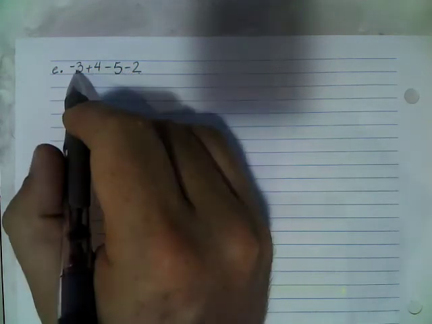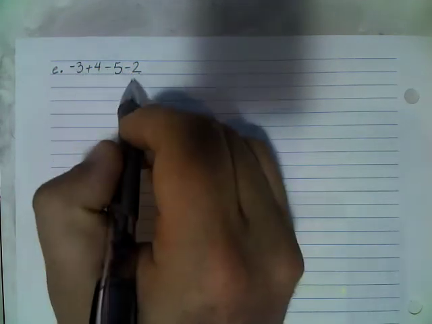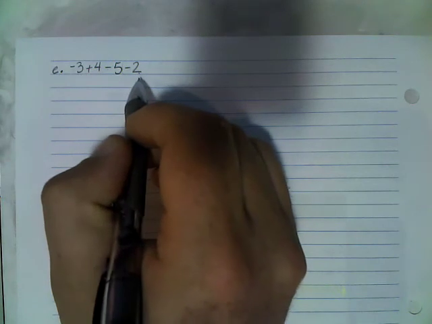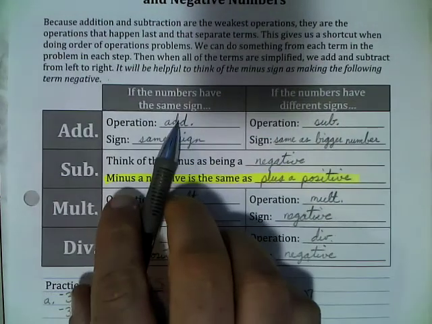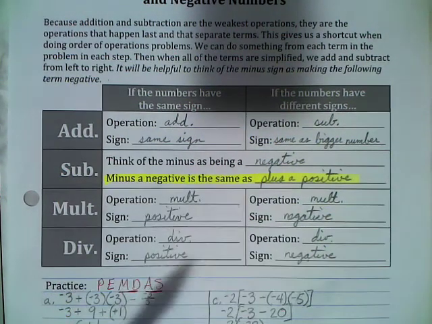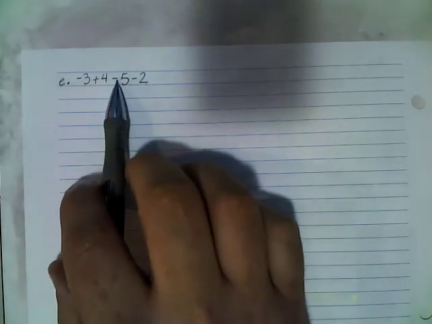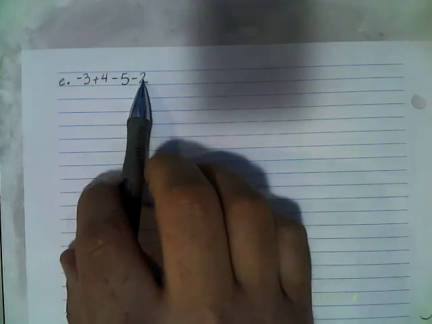So one of the things that can be helpful here, in a problem like this, is if you combine all the negatives and all the positives. So if we combine all the negatives, then we're going to add them up and keep them negative. So a negative 3 plus a negative 5 would be a negative 8, plus a negative 2 would be a negative 10.